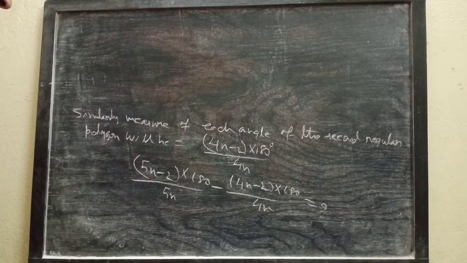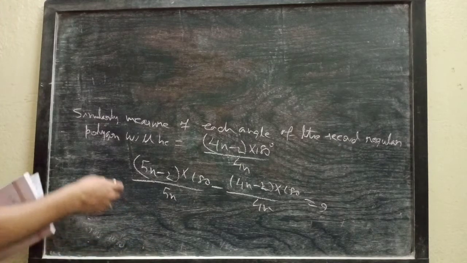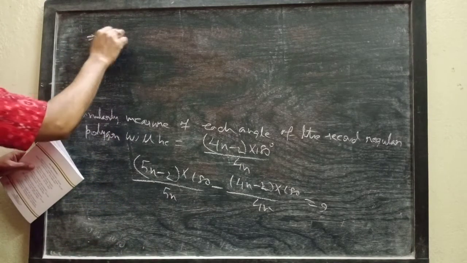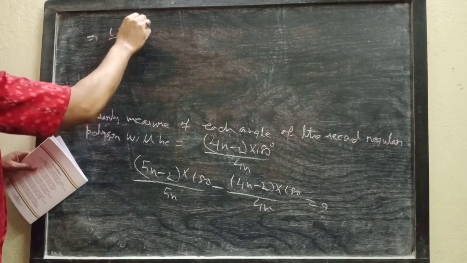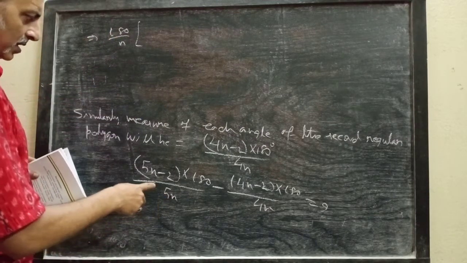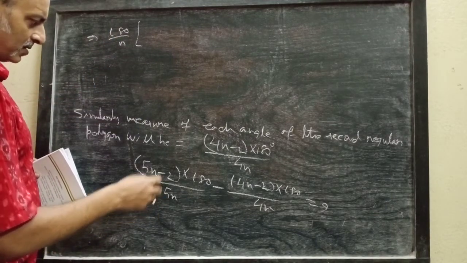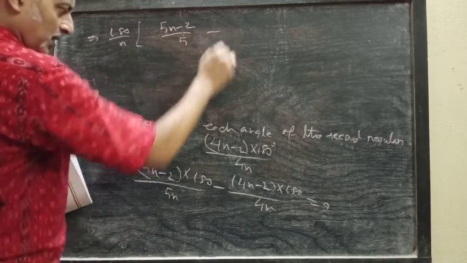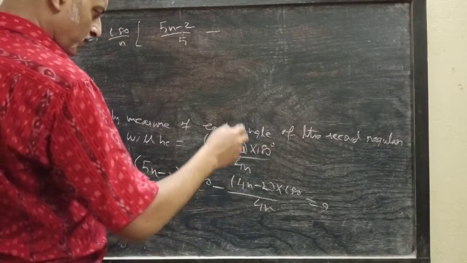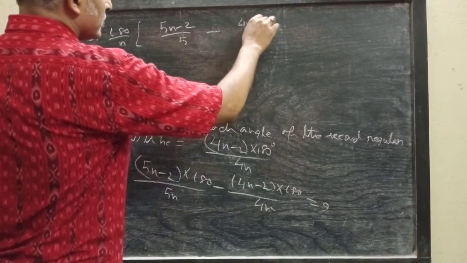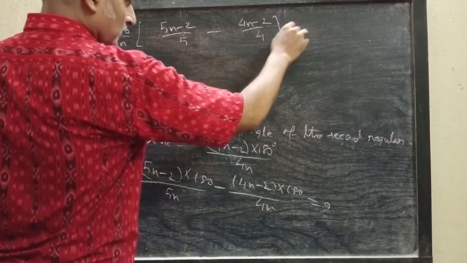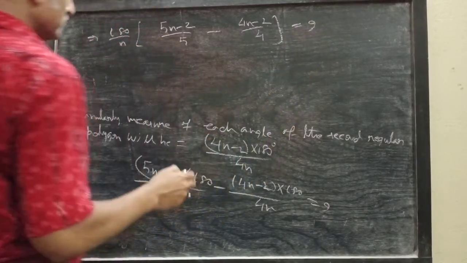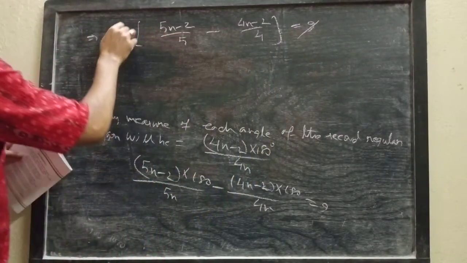Take 180 by n common from these two terms. If we take 180 by n common, then we get (5n minus 2) by 5 minus (4n minus 2) by 4 is equal to 90 by 180 by n, that is 9 by 18, and we can cancel by 9.